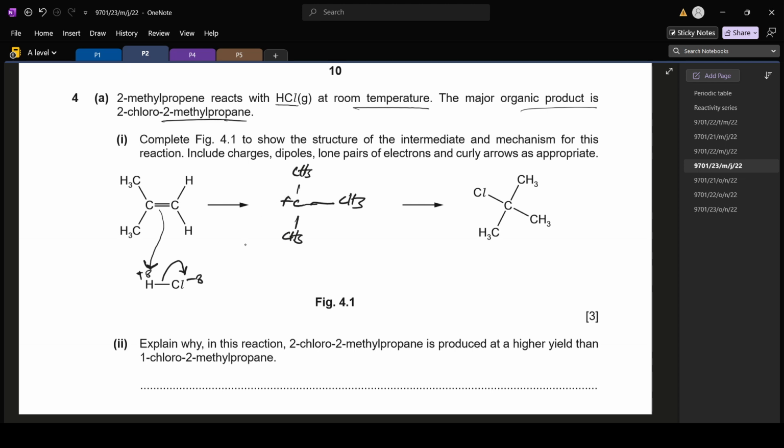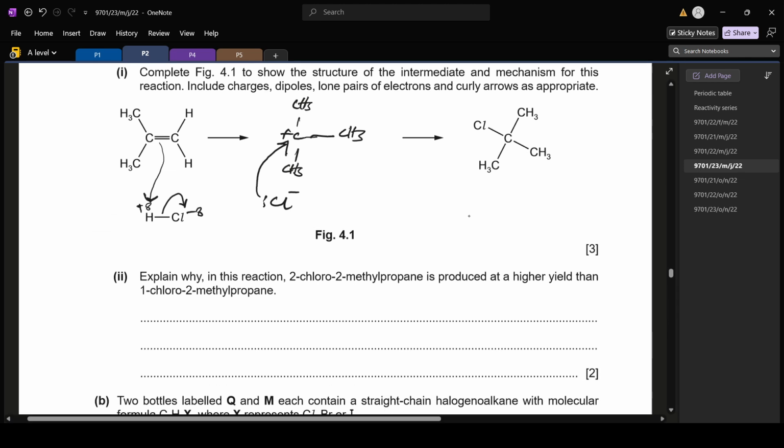Because this is the tertiary carbocation, and tertiary carbocations are more stable, so it is likely to form. Then the chlorine will attack this carbon, and it will form 2-chloro-2-methylpropane. So this is the mechanism for this reaction.